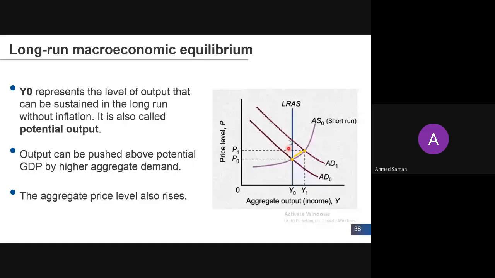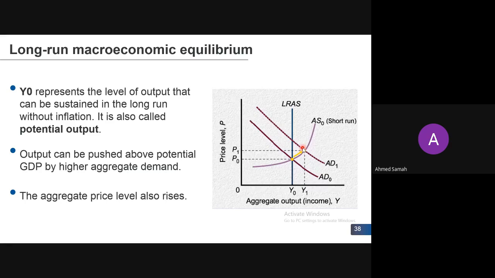So output can be pushed above potential GDP by higher aggregate demand. So when the aggregate demand shifts rightward, that means the real GDP is now performing higher than the potential GDP level.